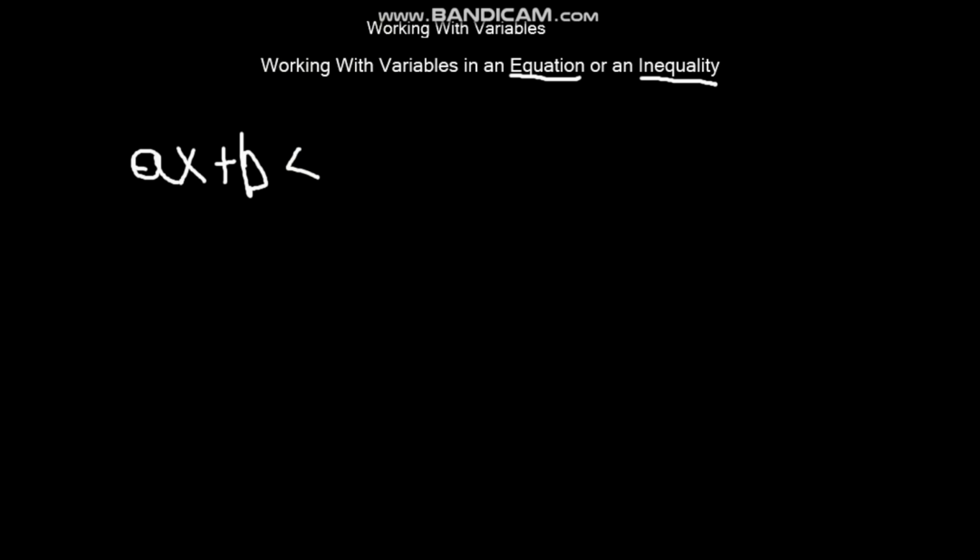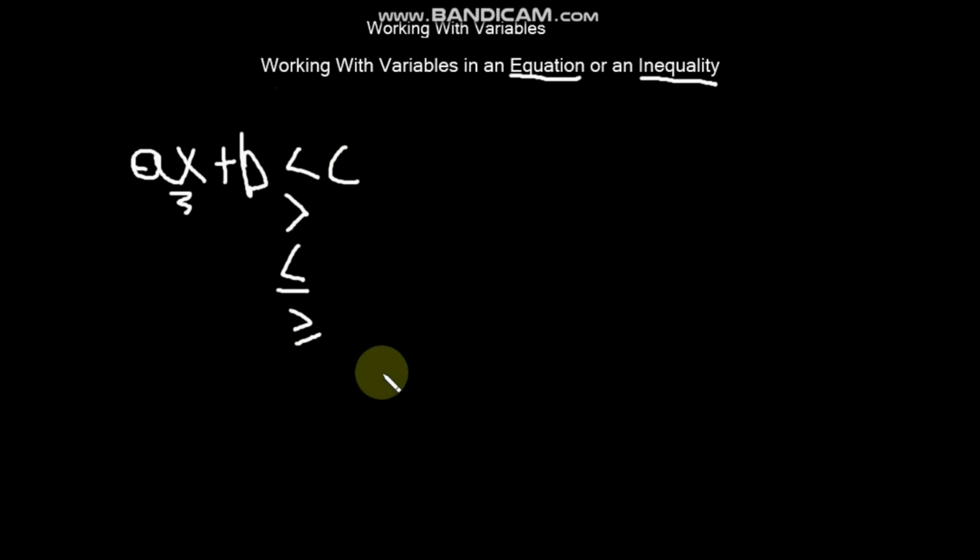It can be greater than, less than, greater than or equal to, less than or equal to c. So we still don't get the exact value of x. We use these signs.